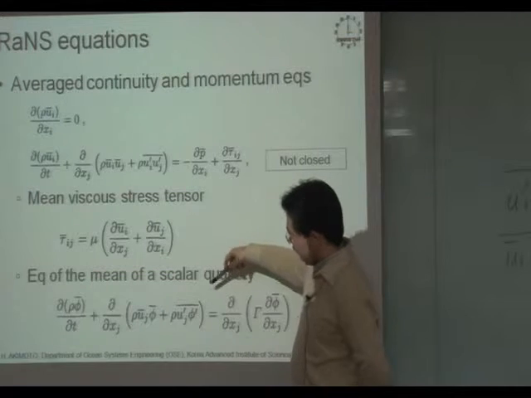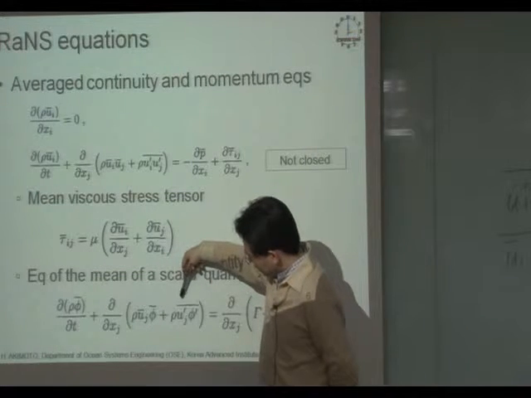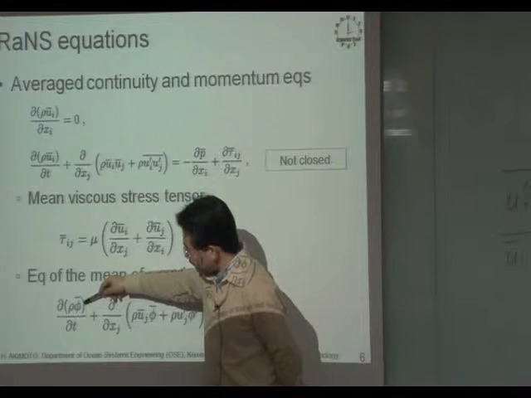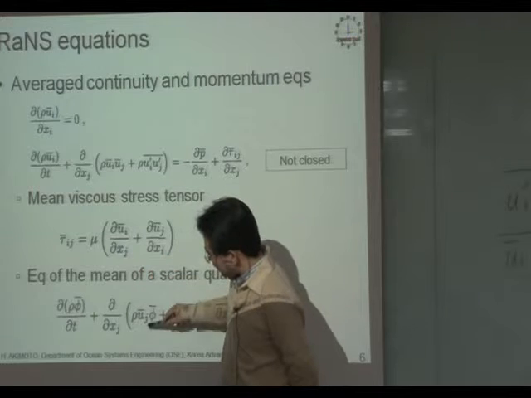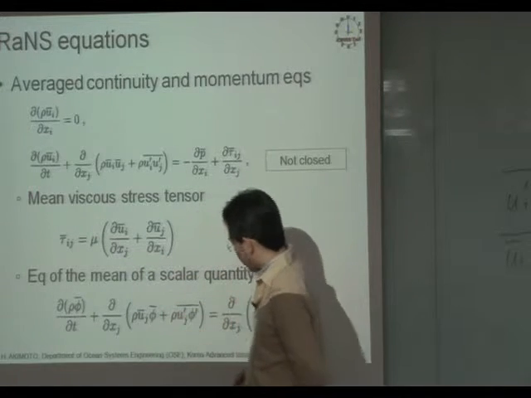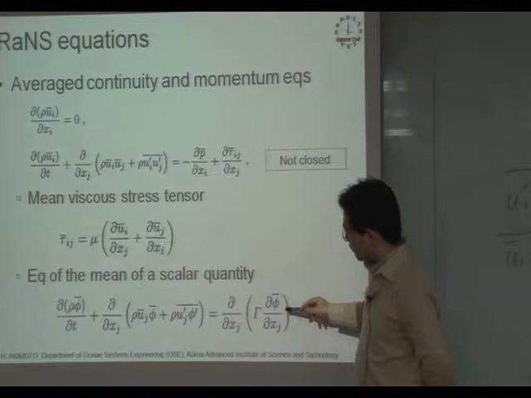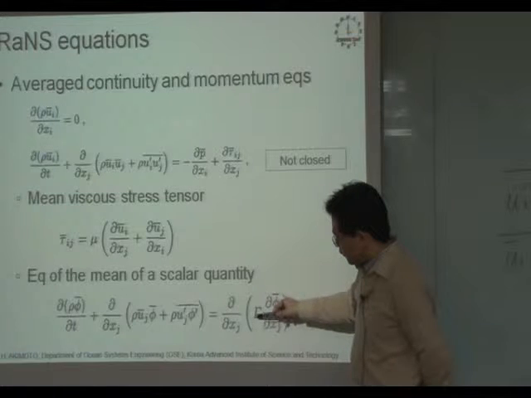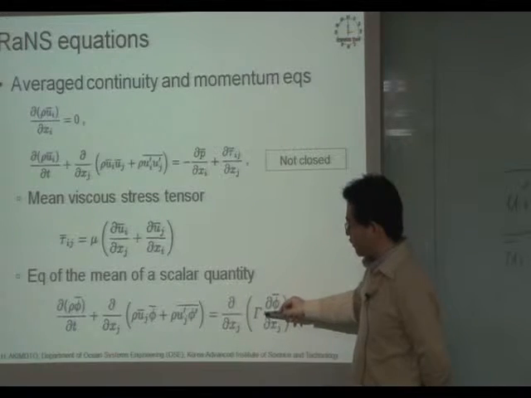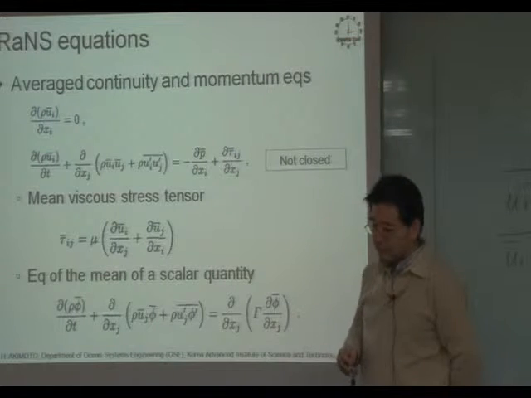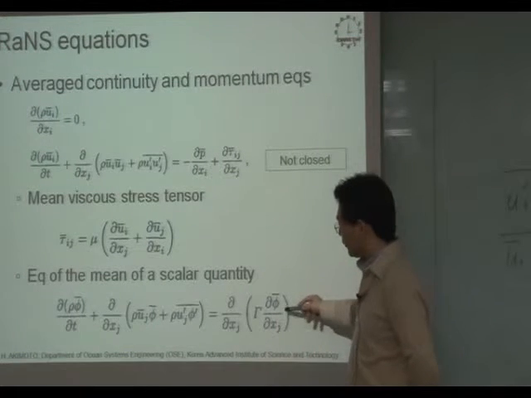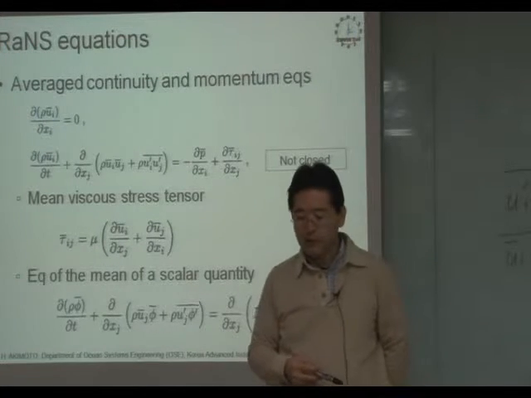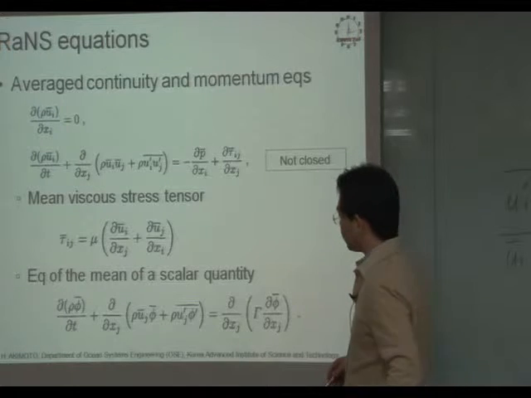But in this case, rho is constant, and the mean value of phi is transported by the mean velocity field, and it is subjected to diffusion. The diffusion coefficient is not specified yet. If it is some chemical quantity, this part will be determined by the molecular interactions.